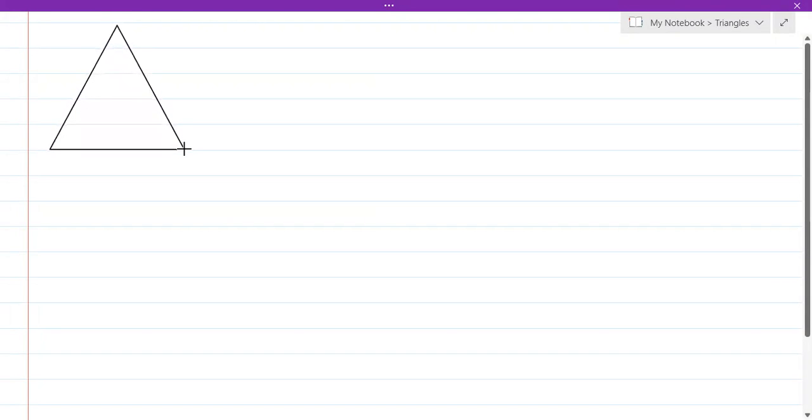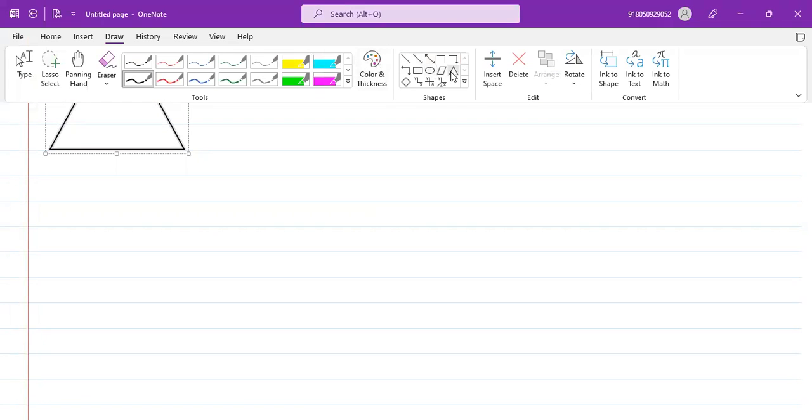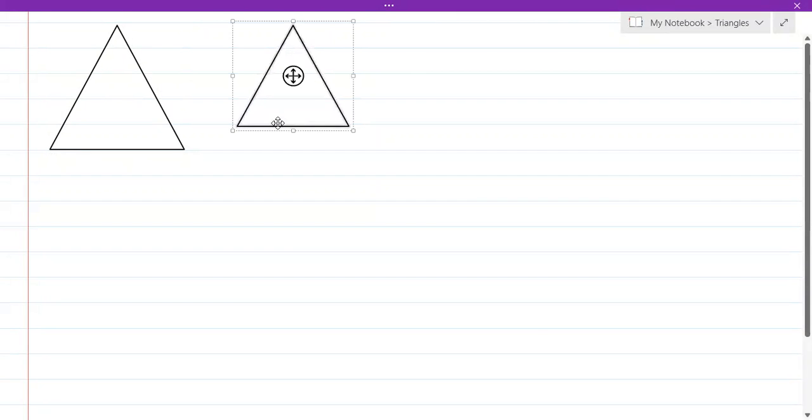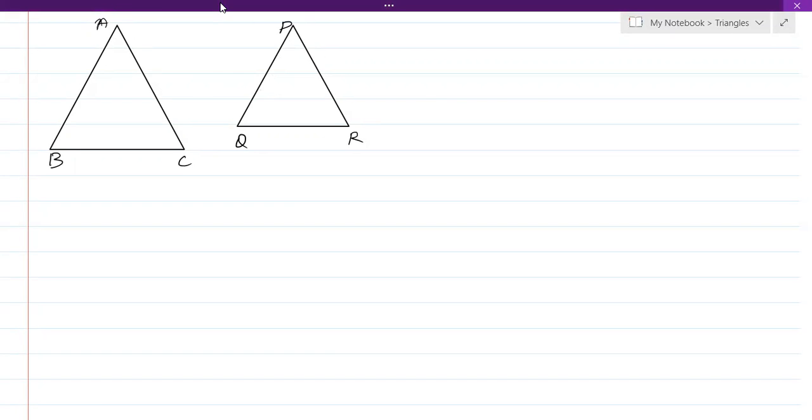So let's take triangle ABC, and let's take another triangle PQR. Let's take two triangles like this. One is triangle A, B, C. Another one is P, Q, and R. And we have got a median.